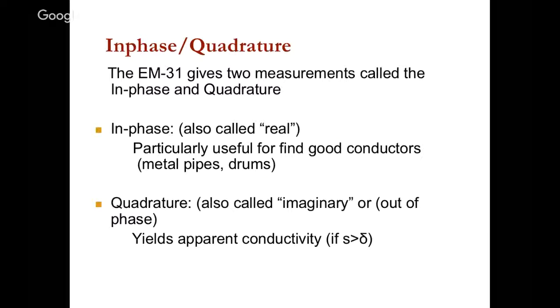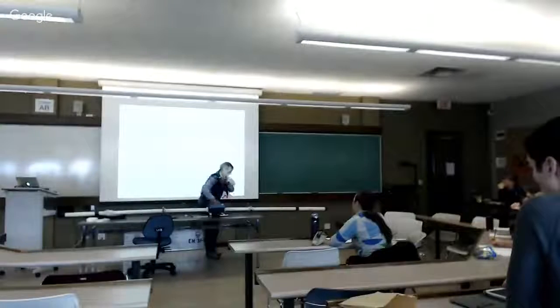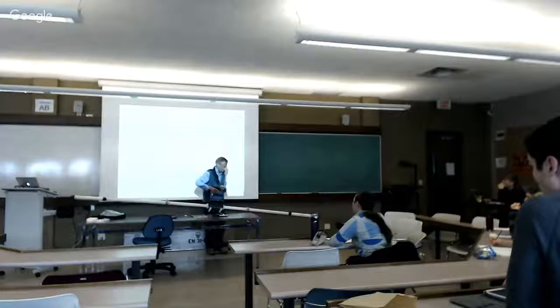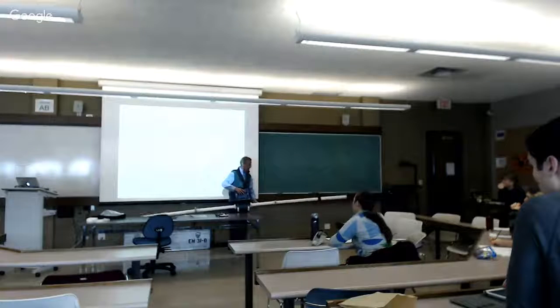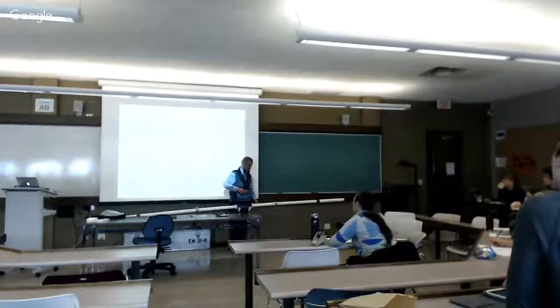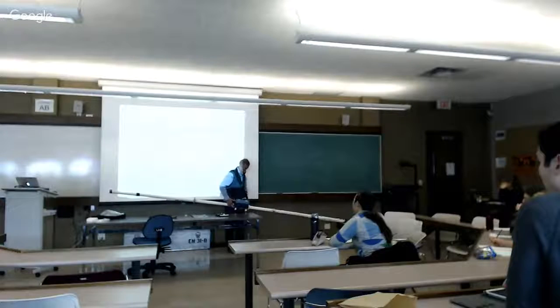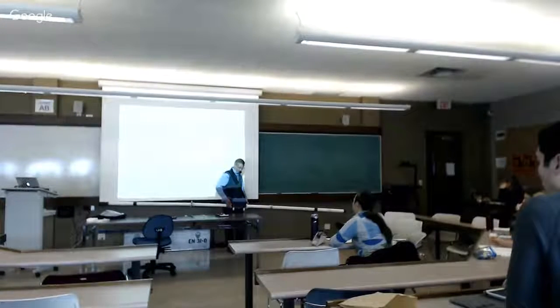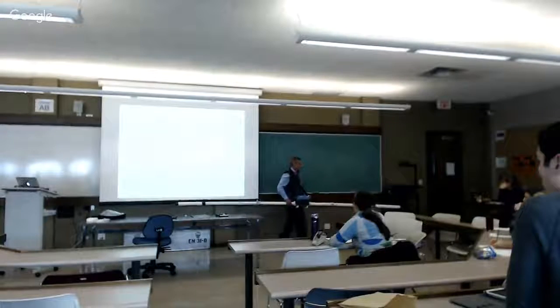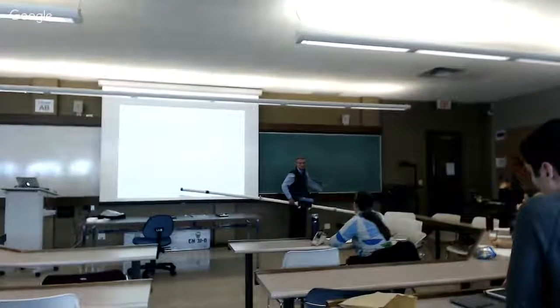So here's this EM31. It's got a horizontal transmitter over here, and a receiver over here. You simply do this without falling over. Somebody said it looks heavy. It's not that heavy if you just lift it up, but it is heavy if you're walking with it for 8 hours. There is a data logger attached here, and you simply walk along like this with your lines out in a particular direction.